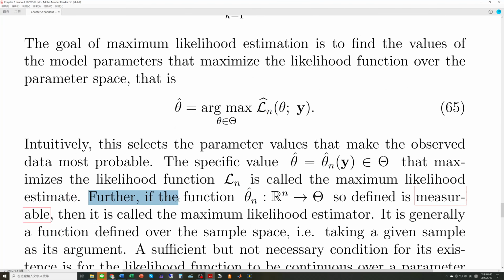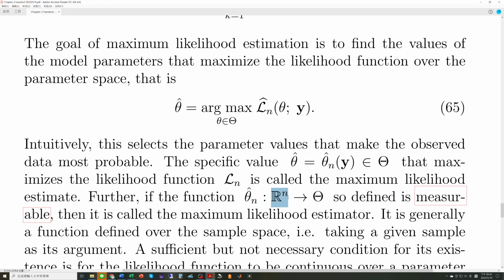Further, if the function theta hat n from Rn to capital theta. What does this notation mean? It means that there is a function. The name of the function is theta hat n, the domain of the function is Rn, and the range of the function is capital theta.